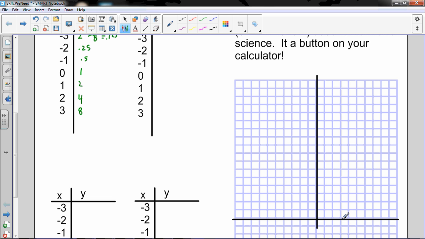We only go up to positive 3, so something like this maybe. There's negative, negative, and whatever you use for your scale, it doesn't really matter. Maybe I'll go up by ones here. There's 2, 4, 6, 8, and so on.